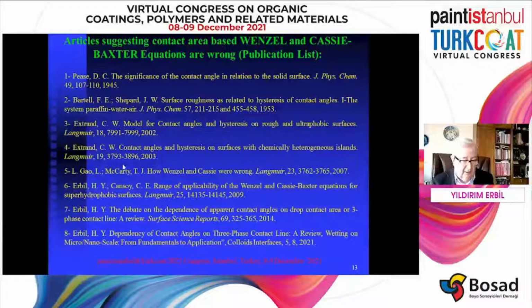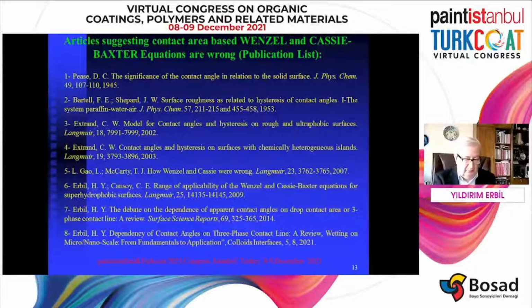But finally, McCarthy and his co-workers made a proof of how the Wenzel and Cassie equations were wrong in 2007. And we were also interested in the problem, and we tested the applicability of the equations and found that Wenzel is completely wrong, and Cassie-Baxter can sometimes give good results, around 50%.